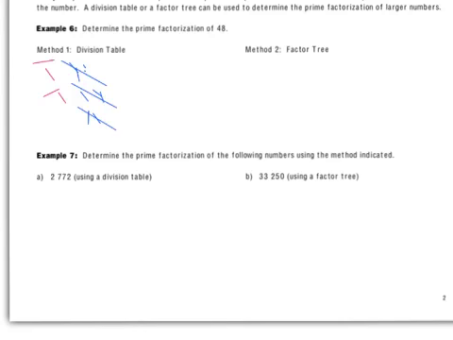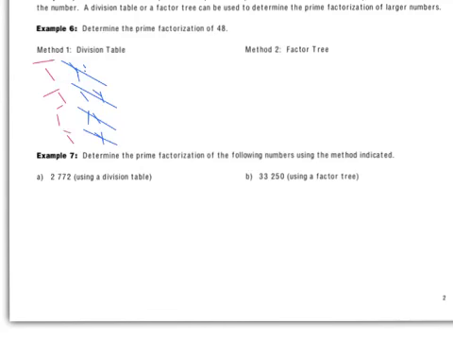I don't have to do a 2. I can do any other number that divides into 12. I can choose a number like 3, and I'll circle that as well because that is a prime number, and 12 divided by 3 gives us 4. I'm going to run out of room here, so I'm going to write 4 is pretty straightforward. There's only one factor that's going to help us here, and that is 2.